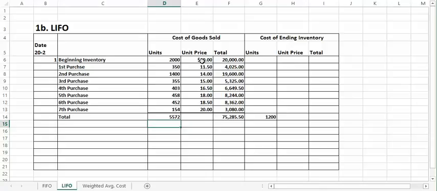And since the first purchase has more than enough of what we need, we're just going to take all 1,200 units directly from the first purchase. And then you would take the 2,000 minus 1,200, gives you 800 units left over from that first purchase. And so we know here our cost of inventory is $12,000.